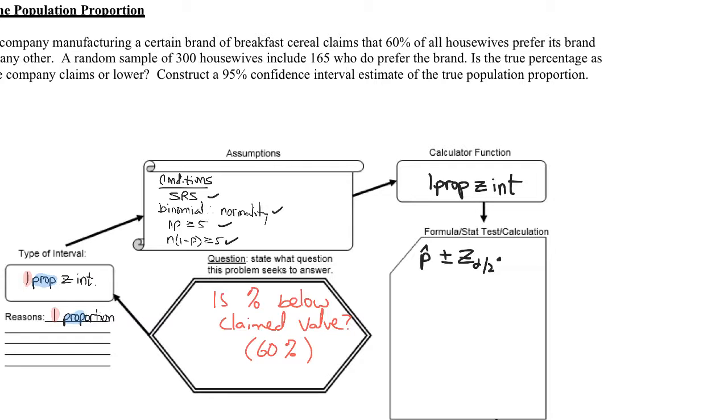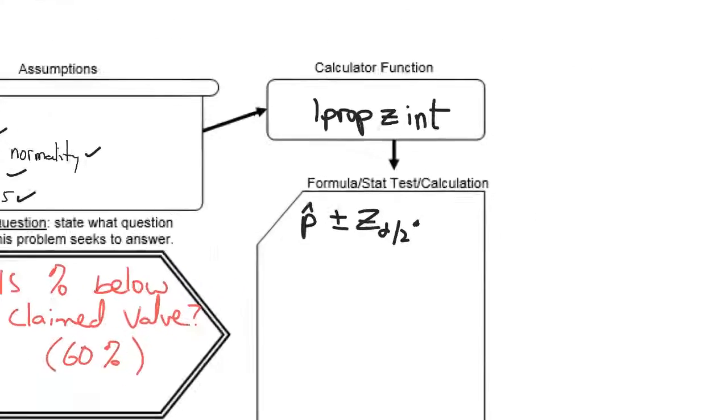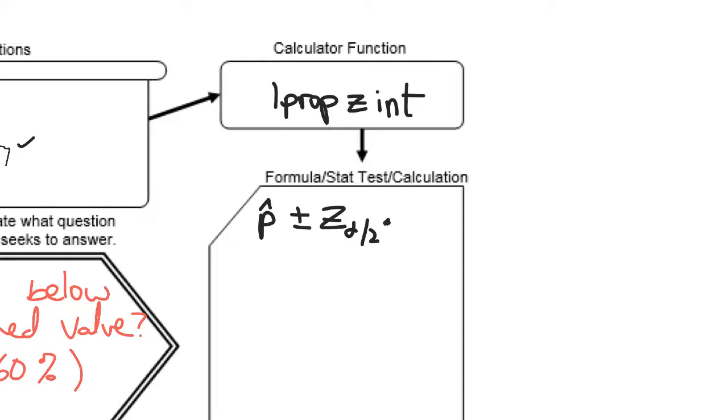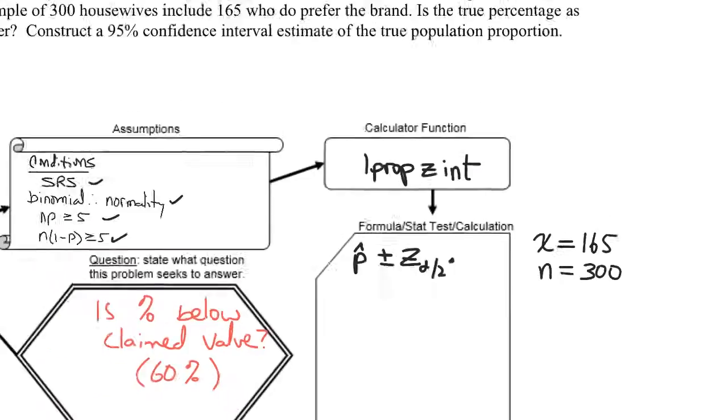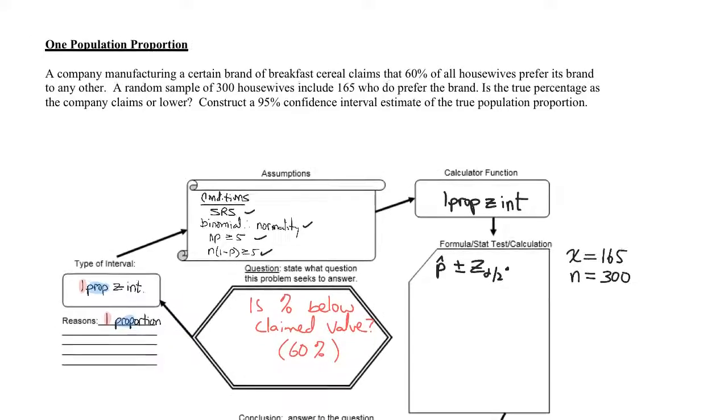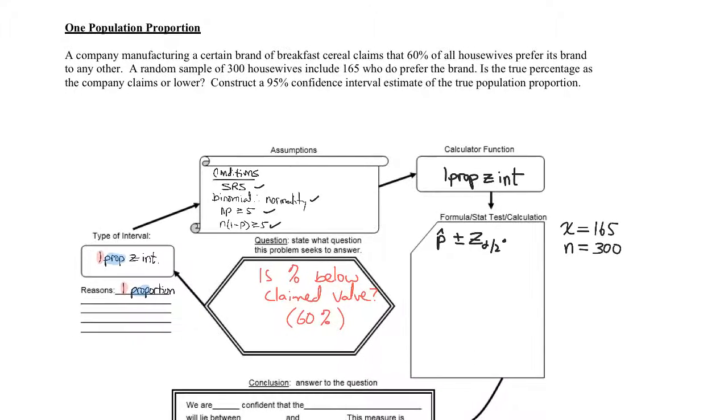Now, I'm just going to denote these values on the side here. x was 165. n is equal to 300. This is a sample from a population of housewives.